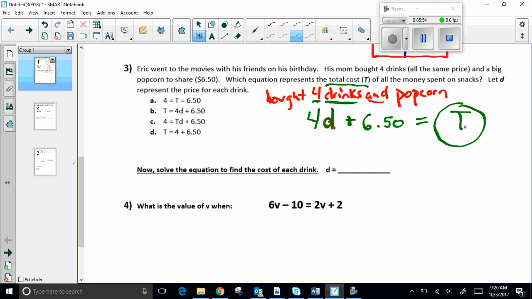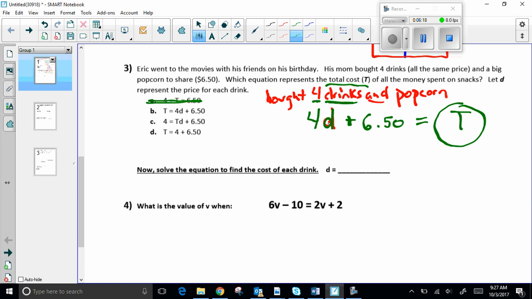Now, when I do that, I need to figure out if one of these equations matches over here. I see 4 equals T equals 6.50. This one's no good because it's got an equal sign more than once. That's not a good thing. You don't want it. We get rid of that.